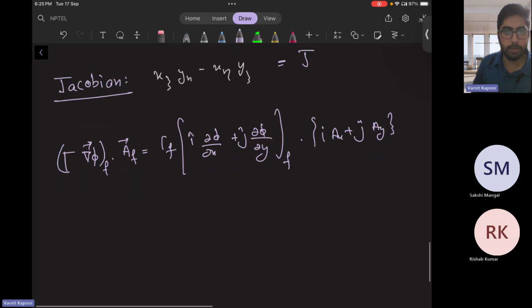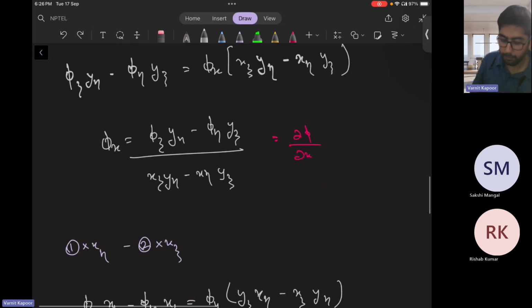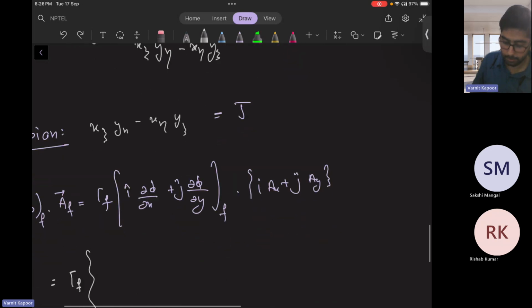So let us put the values back. So what is ∂φ/∂x? This is your ∂φ/∂x: (φ_ζ y_η minus φ_η y_ζ) upon the Jacobian.